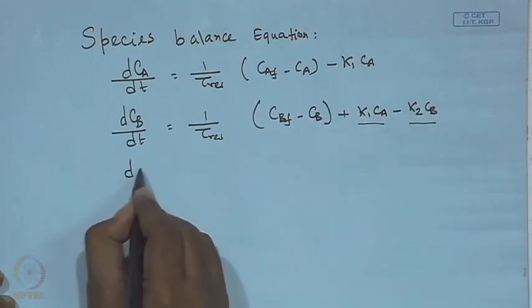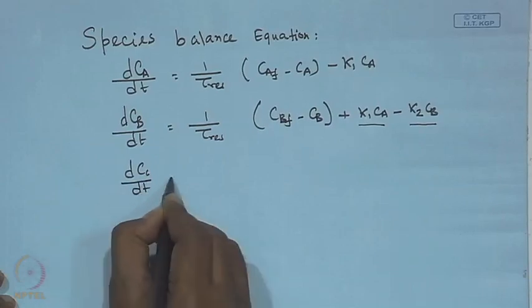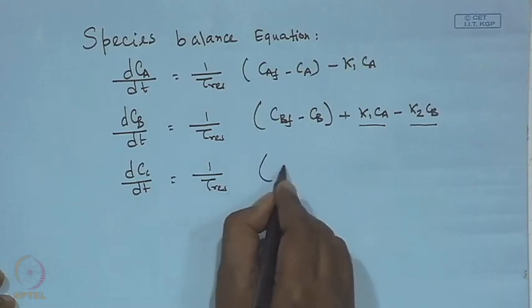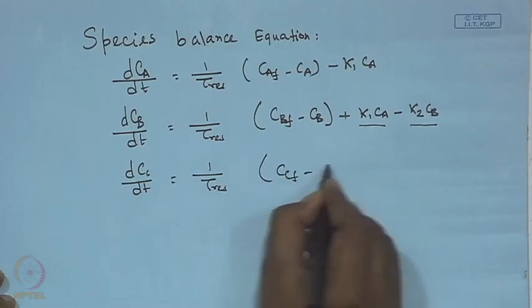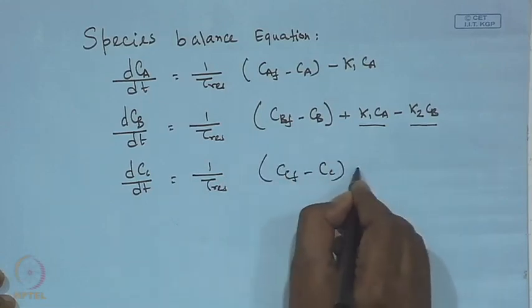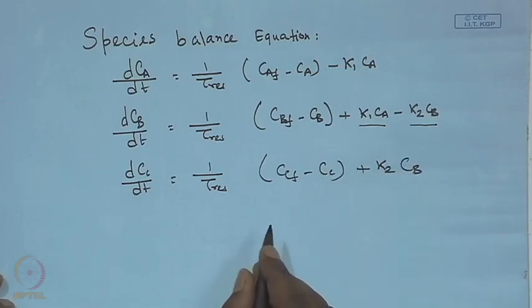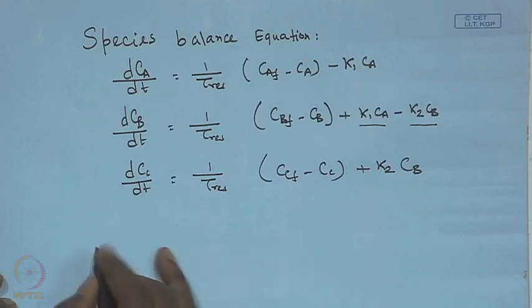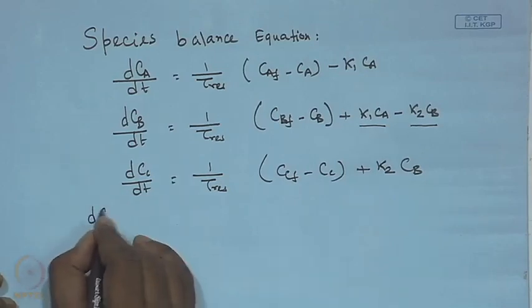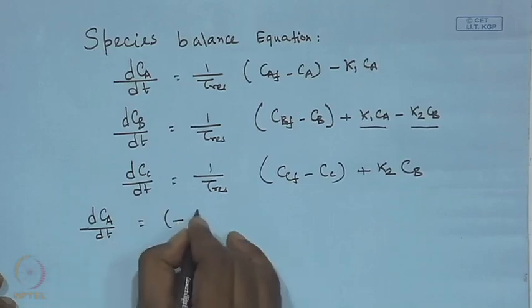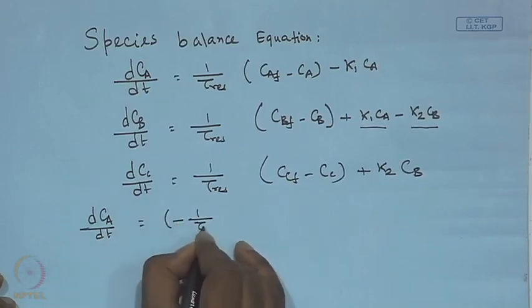So, dCC dt can be written as 1 by tau times (CC in the feed minus CC) plus rate of generation K2 CB.